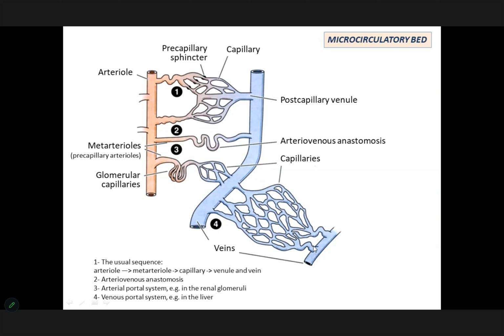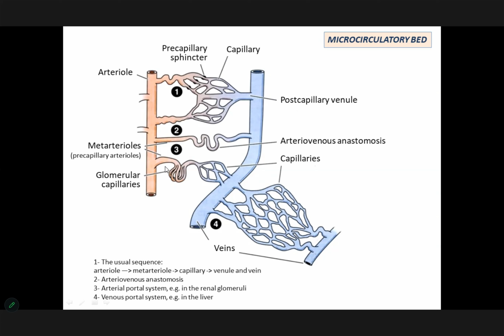Venule here, and between them capillaries. This can happen in some cases when we are not talking about gas exchange and supply of tissues with nutrients and some other functions of blood capillaries, which provide this usual system with capillaries.